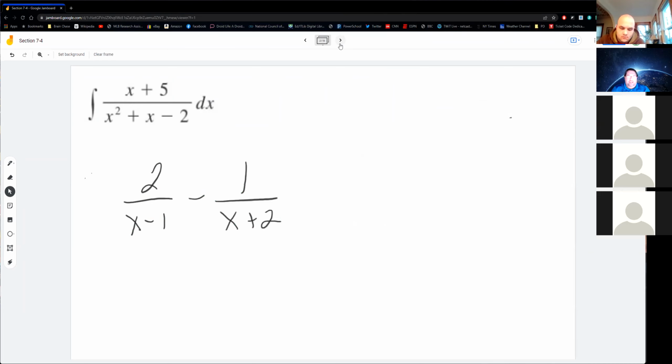Let's take these two fractions and put them together. So if I'm going to take two fractions and I want to put them together, what do I need? A common base. Yep, need a common denominator.